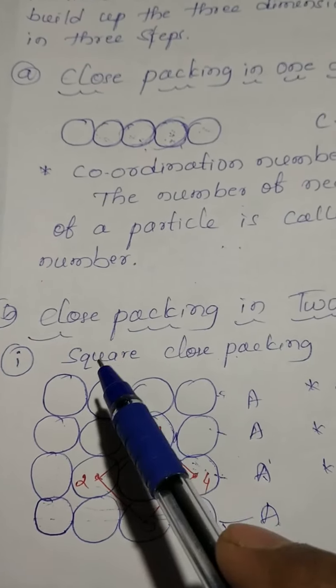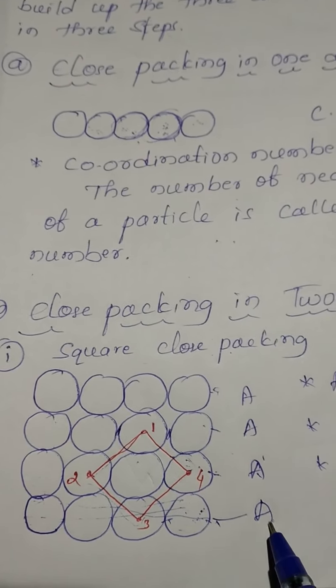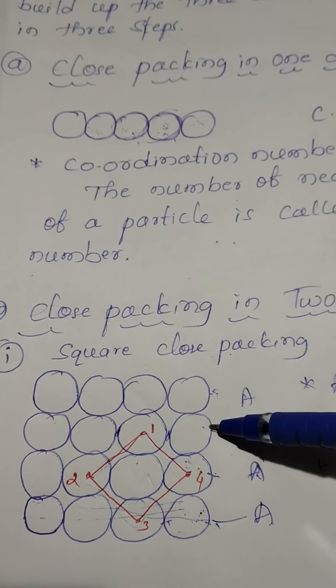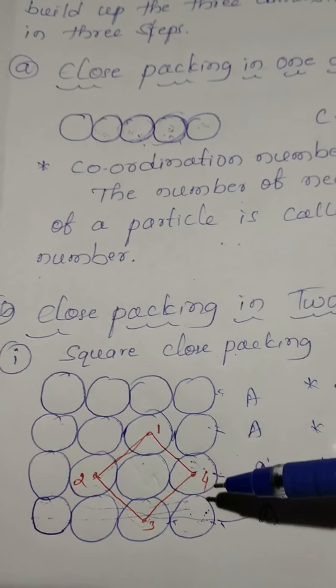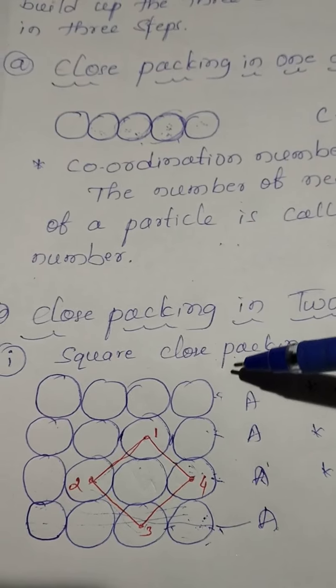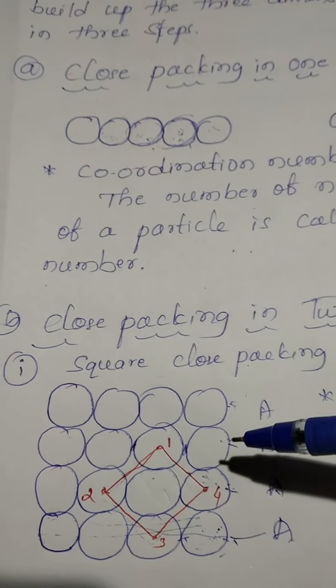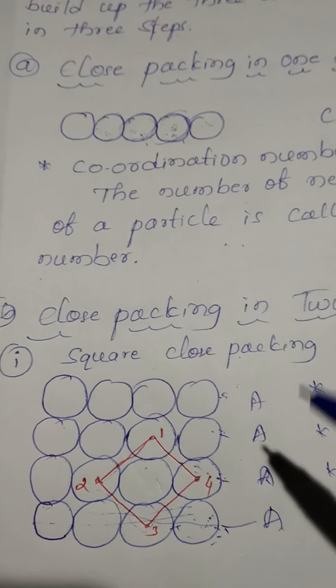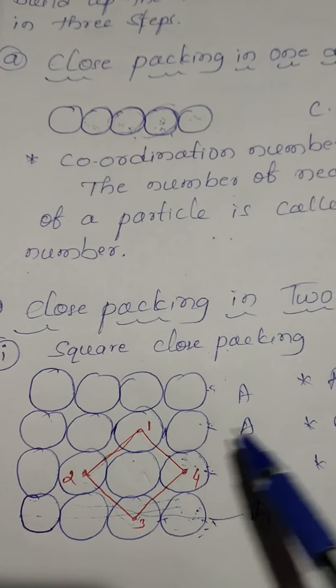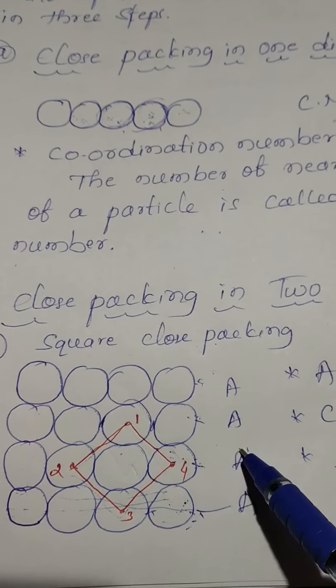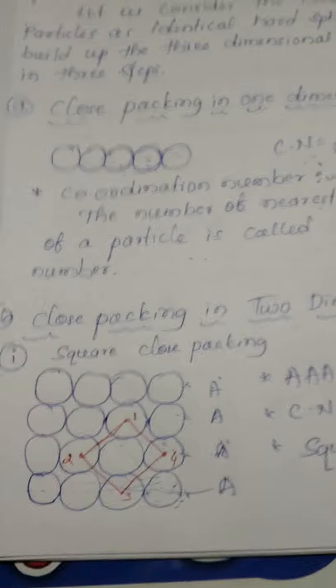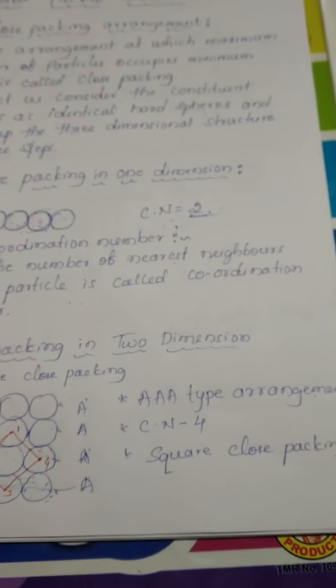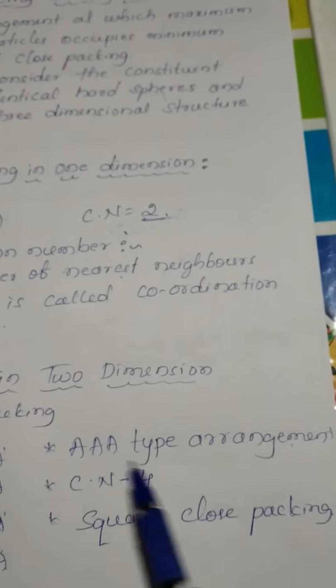The third row is also exactly aligned with the second and first, and the fourth layer with the third, second and first. Hence all rows are called A, and this arrangement is called A type arrangement.